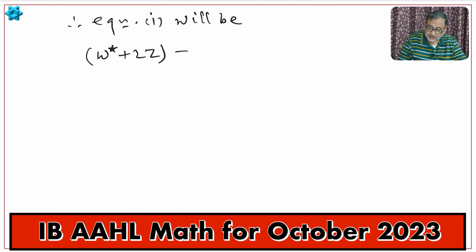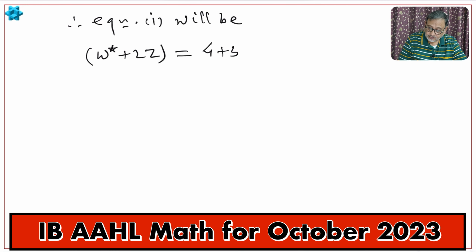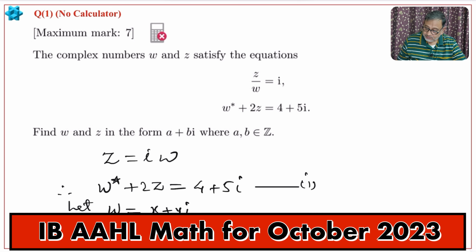I am writing that equation, 4 plus 5i. Now I will substitute the value of w conjugate in terms of x and y. w conjugate will be x minus yi. You know already about it.